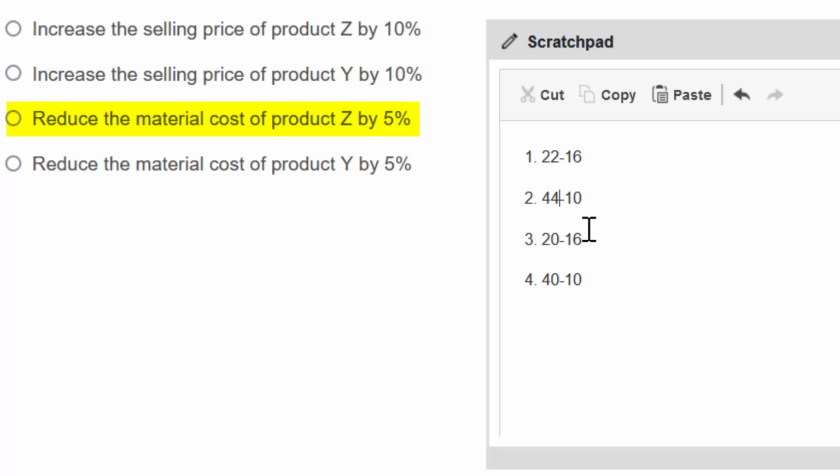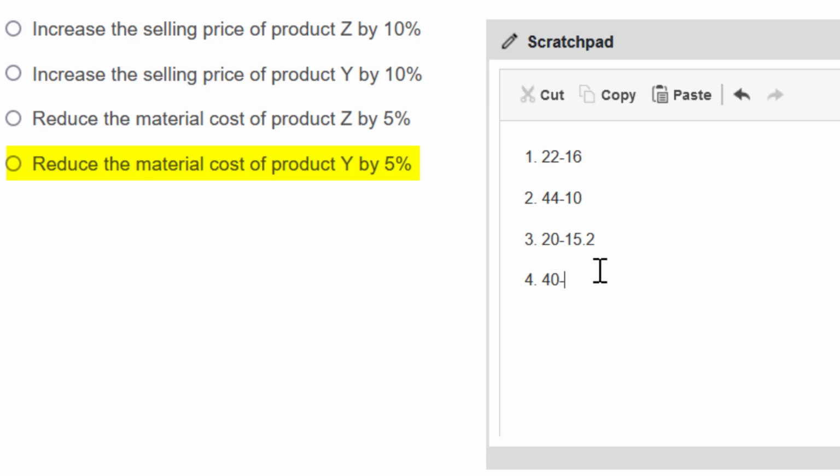That's going to be 16 multiplied by 0.95. That's going to be 15.2. And reduce the material cost of Y by 5%. So that's going to go to 9.5.